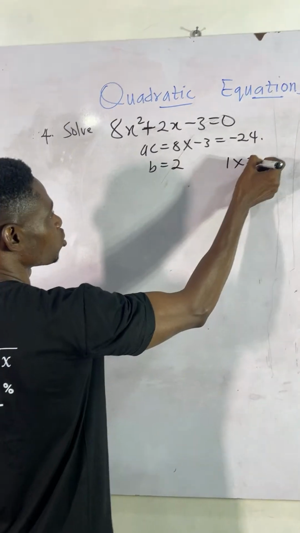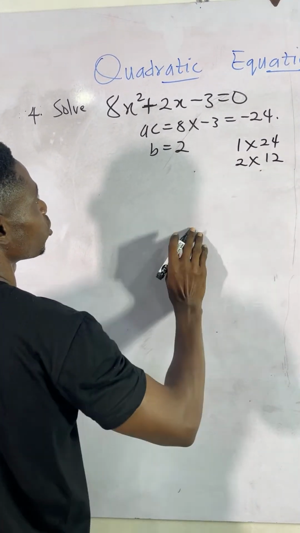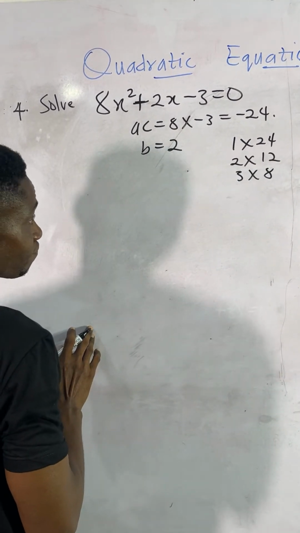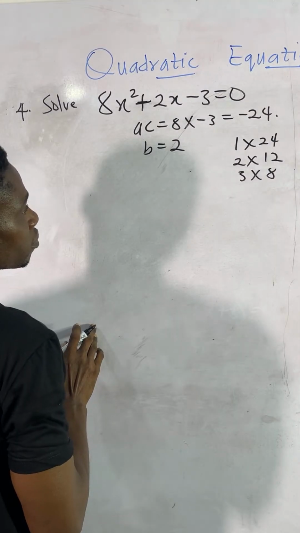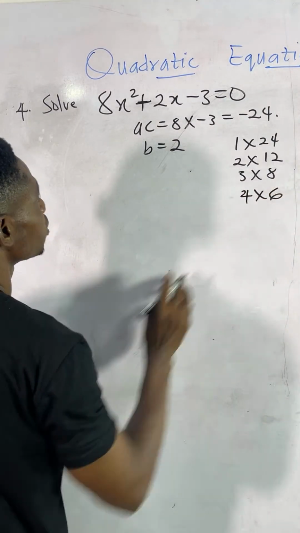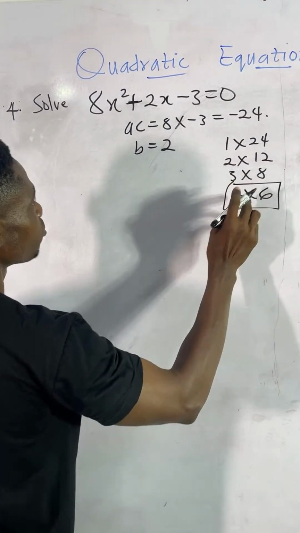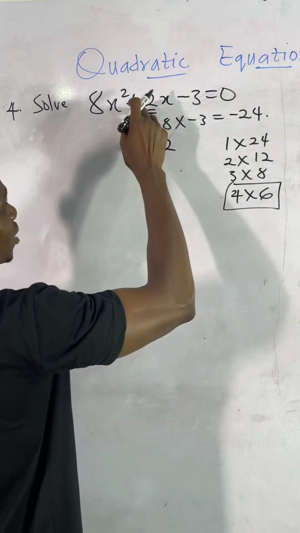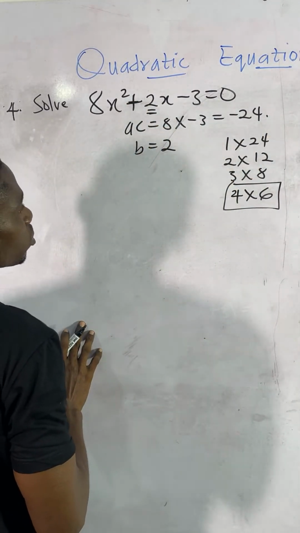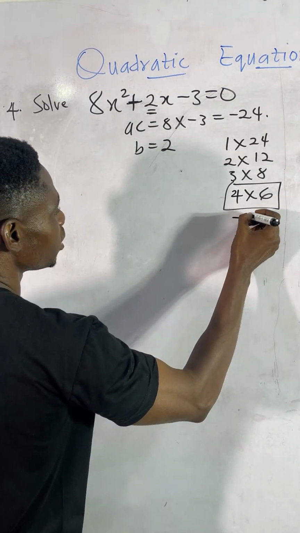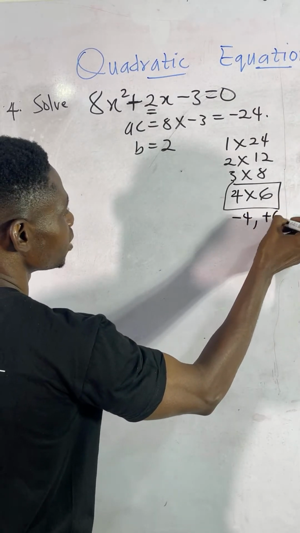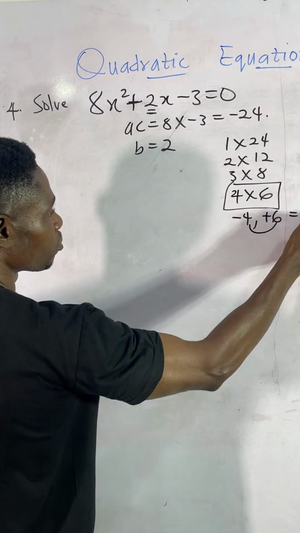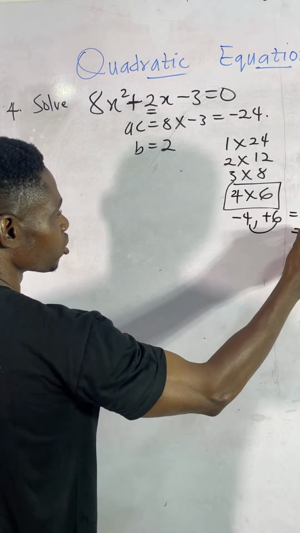We have 1 times 24, 2 times 12, 3 times 8, 4 times 6. 4 and 6 looks like what can give us 2, right? But since it's negative 24 and positive 2, we'll have negative 4 and positive 6. Multiply these two will give us negative 24. If we add them, it gives us positive 2.